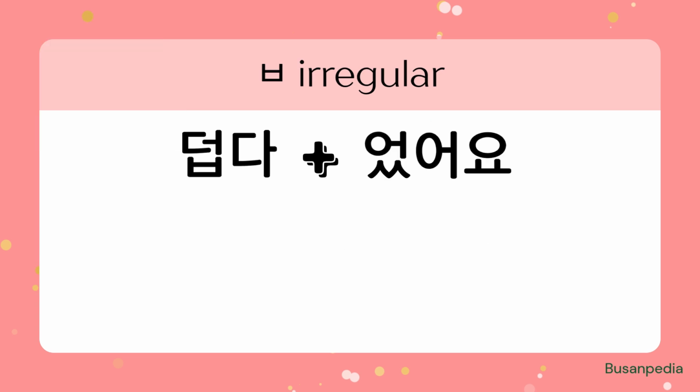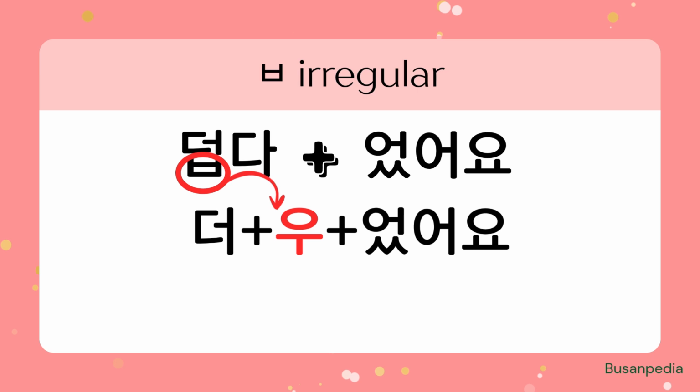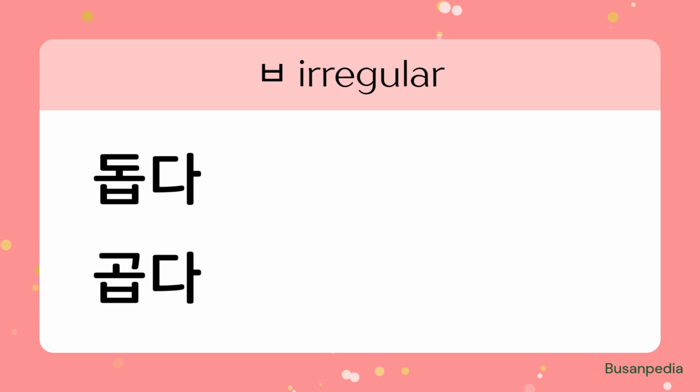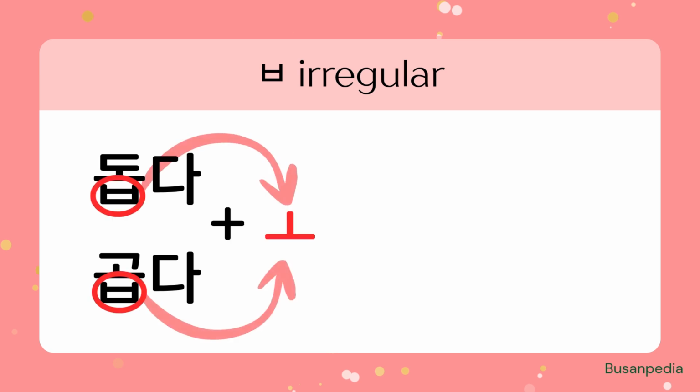The second one is the ㅂ (bieup) irregular. When a word stem ends in ㅂ, that ㅂ usually changes to 우 before adding a vowel. 우 combines with 었어요. For example, 덥다 becomes 더웠어요. But with 돕다, which means to help, and 곱다, which means beautiful, the ㅂ changes to 오 instead.